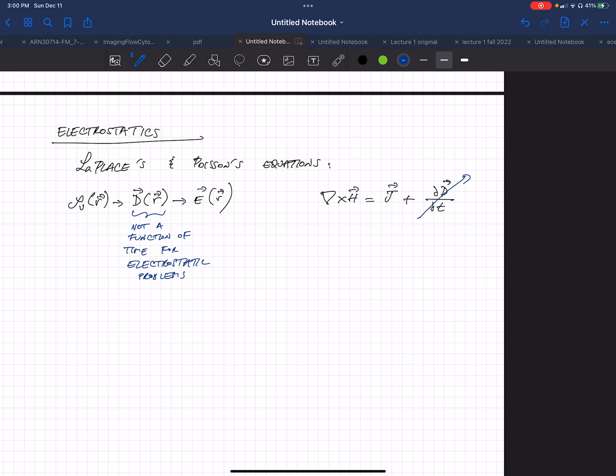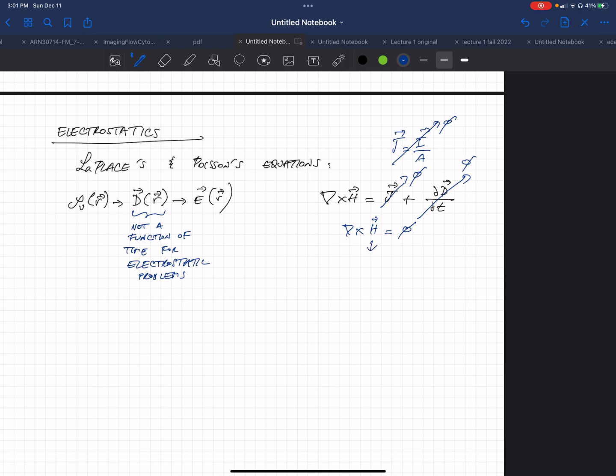So if this change in D with time goes to zero, and the current density J is current over area, and if charges aren't moving, then we won't have any current and no current density. So this also goes to zero. So it ends up that the curl of H is zero.